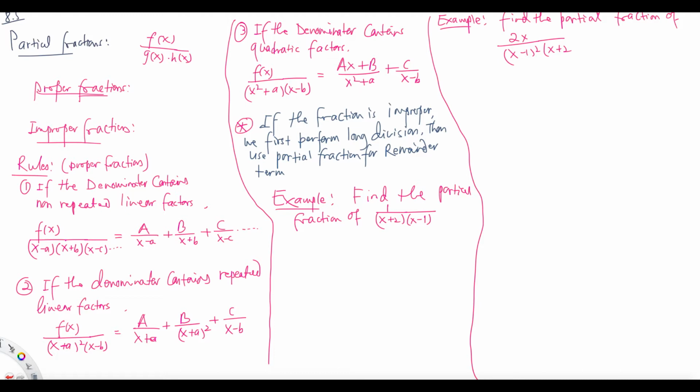What it does is basically separate a complicated fraction into several simpler fractions that are easy to integrate. That's the goal of partial fractions. For example, look at this one: there is f(x) over g(x) times h(x).